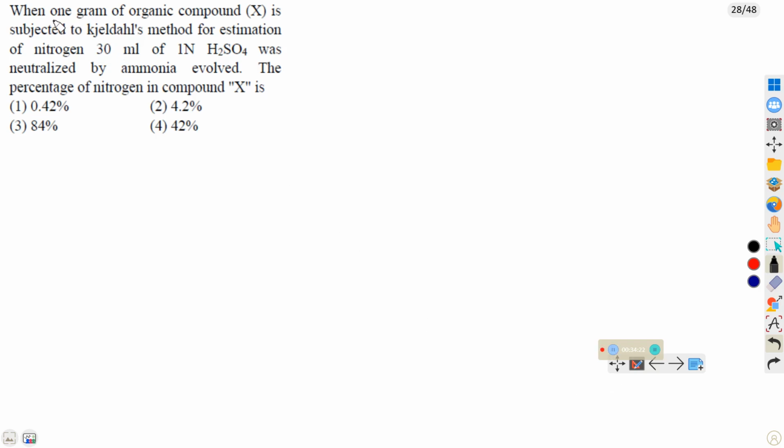When 1 gram of organic compound is subjected to Kjeldahl's method for estimation of nitrogen, 30 ml of 1 normal H2SO4 was neutralized by ammonia evolved.